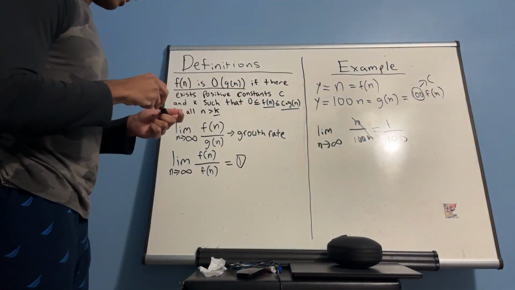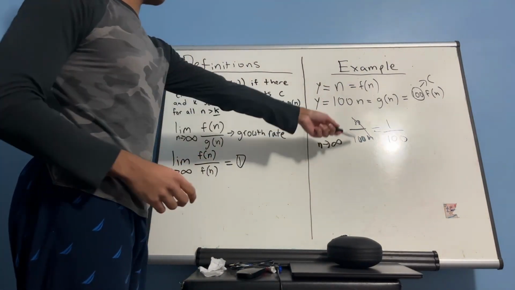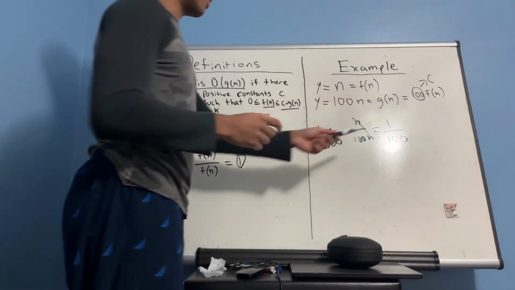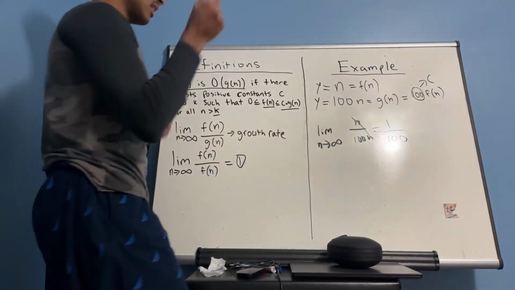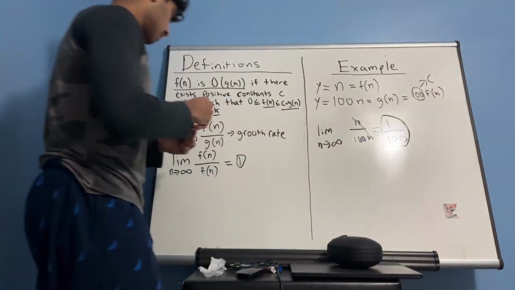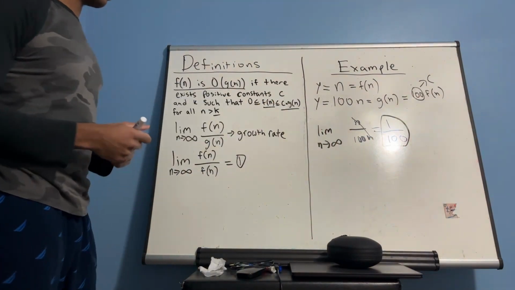So what this is saying is that the limit as these two functions approach infinity equals 1 over 100, so that's our relative growth rate. And as you can see, this is a constant. And constants do not affect the overall growth rate.